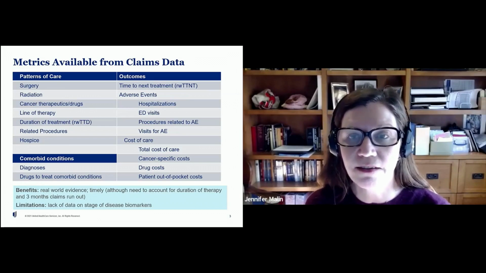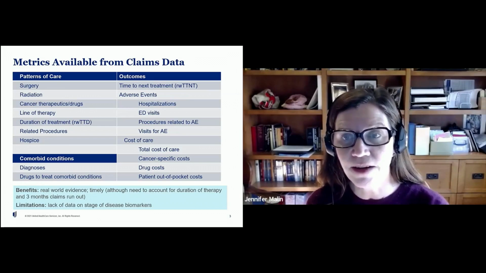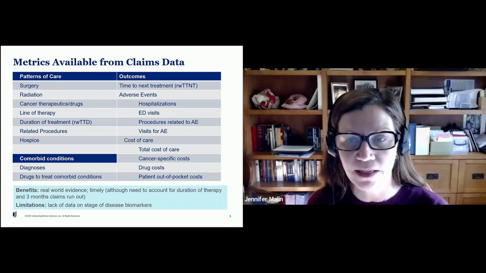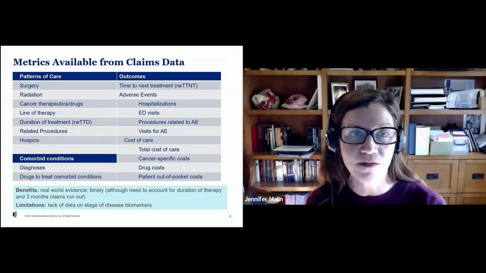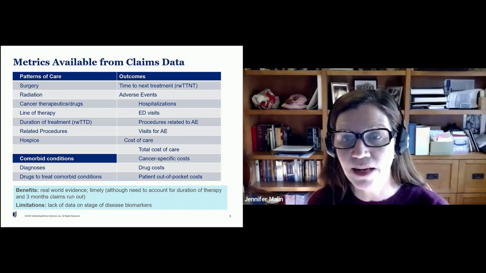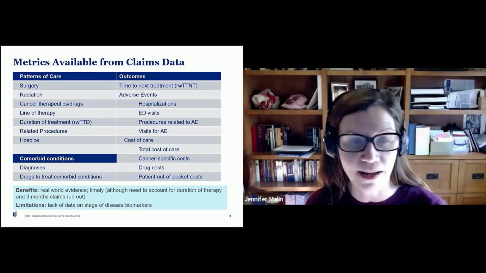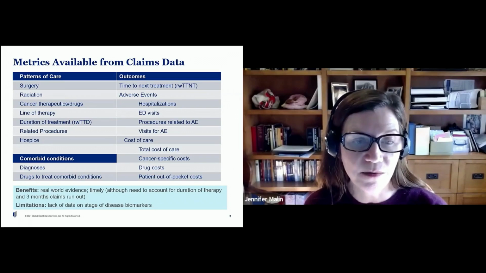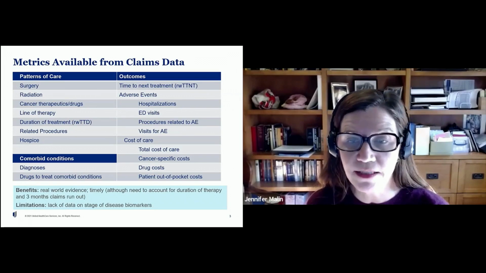It's a very good source of data for adverse events, especially things like hospitalizations and emergency department visits. And it's a good source of information on the total cost of care, cancer-specific costs, drug costs, as well as patient out-of-pocket costs.